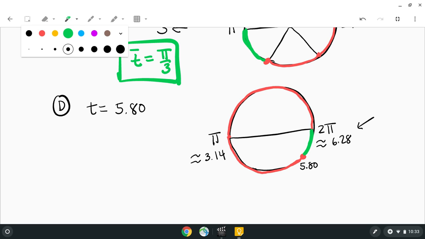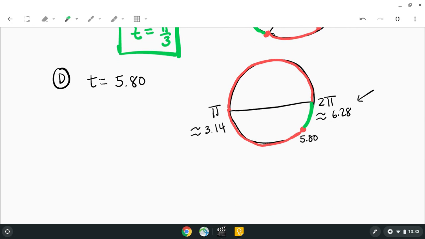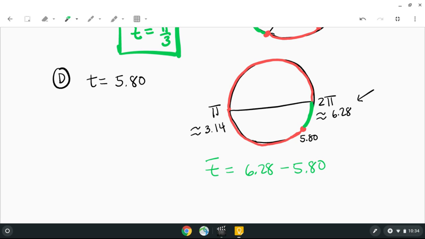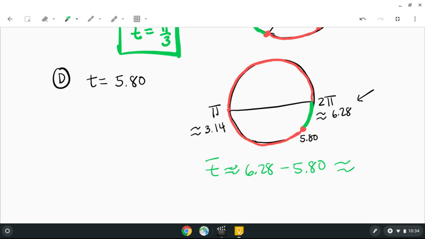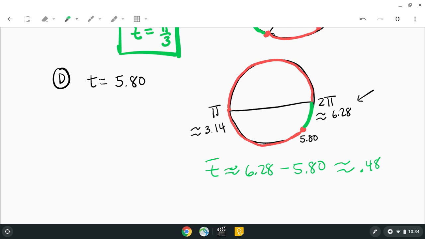Very good. 6.28 minus 5.80. And so that gives me roughly 0.48. Okay, so I should really say roughly 0.48. That would be your reference number.